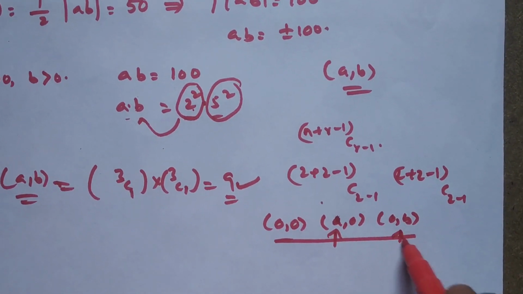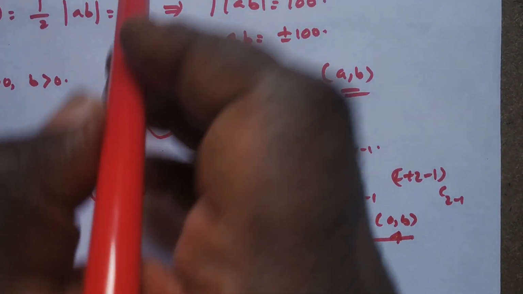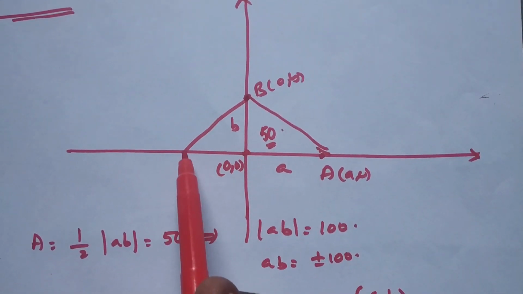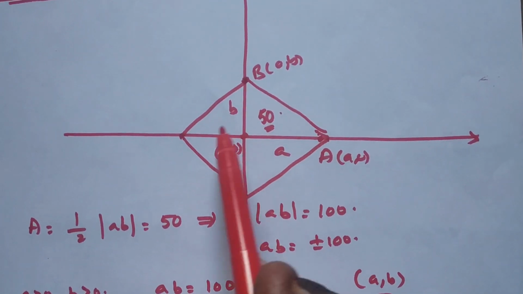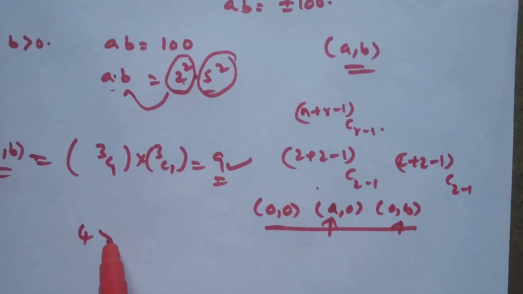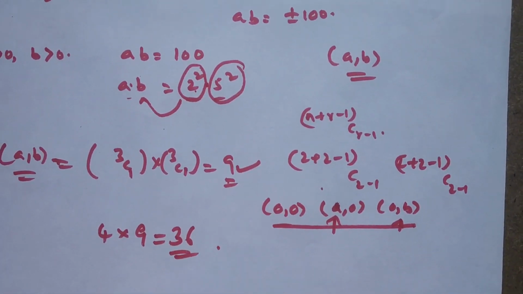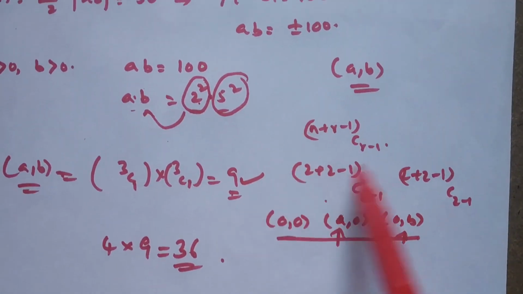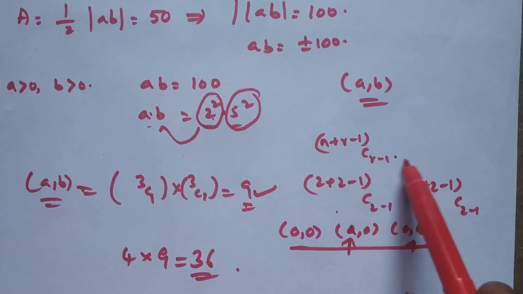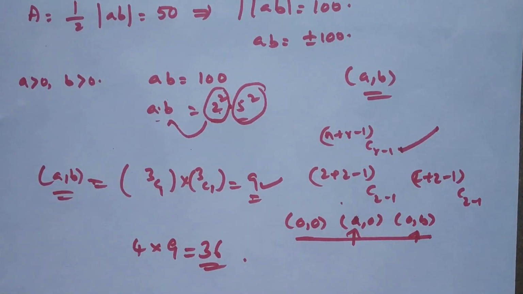How many possibilities for A, B? 9 possibilities. Applying the same concept for the remaining 3 quadrants, we obtain the total number of elements in the set as 4 into 9, that is equal to 36. The problem is based on n plus r minus 1 C r minus 1.